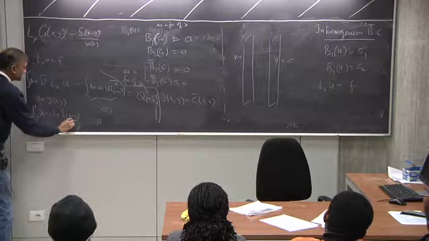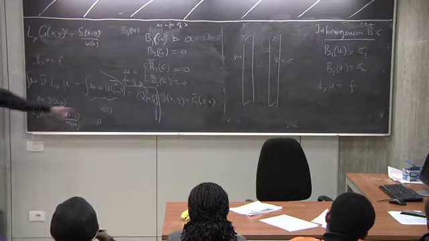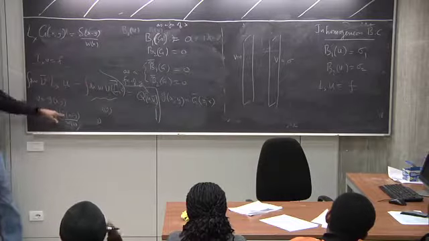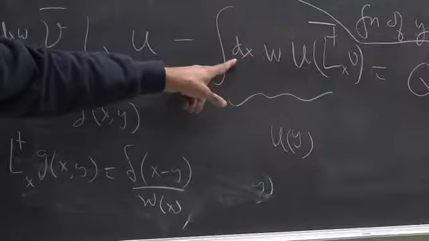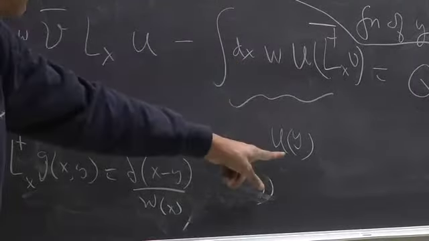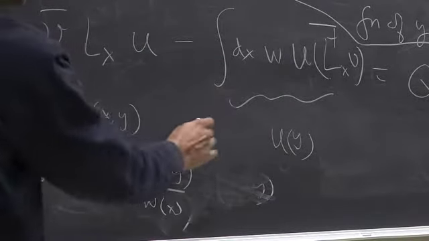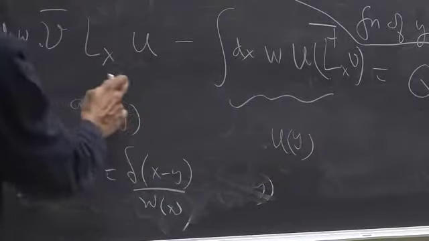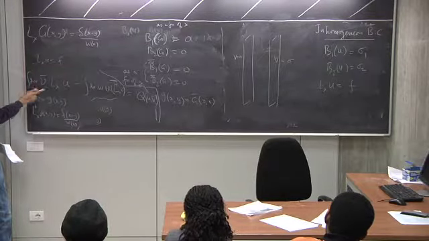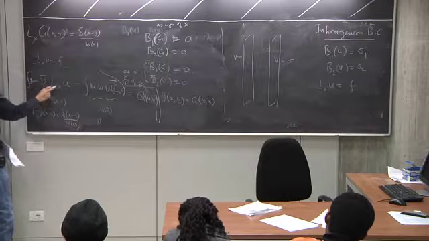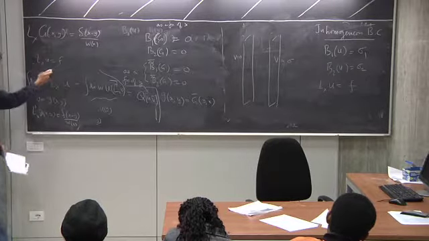So use that, take V to be this and substitute that, you get delta x minus y, W cancels and you integrate, so that just gives you U at y. If this was 0, you would say U at y is equal to simply this integral, where V bar is g bar xy and Lx U is f.